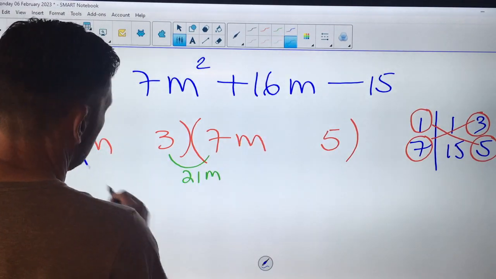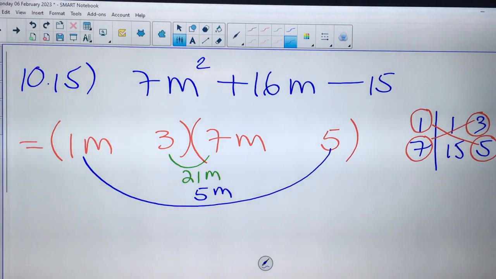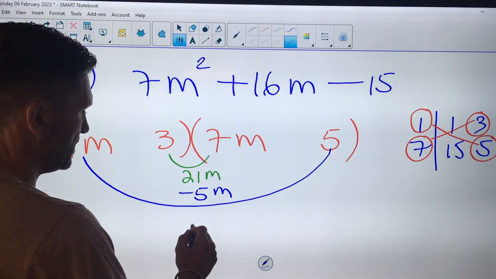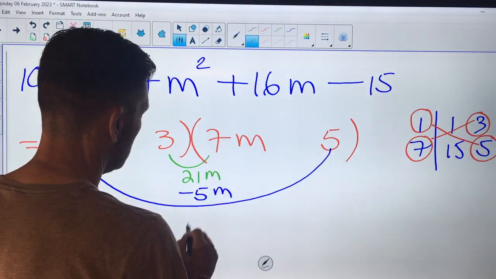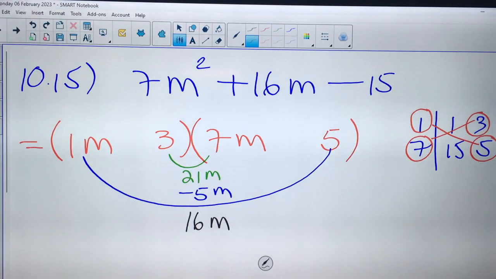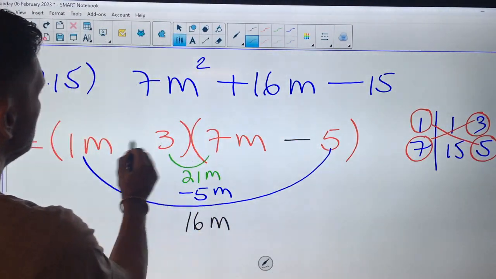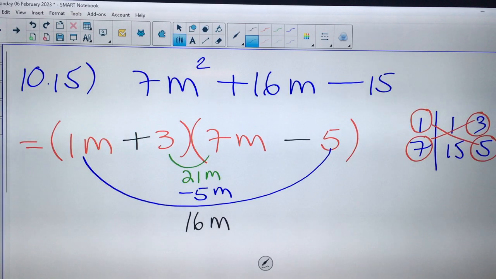And if I multiply these two, I'll get 5m. I need to get to 16. That means the 5m must be negative, and that will give me a sum of 16m. So 21 minus 5 will give me positive 16. That means that the 5 is going to be negative, and the 3 is going to be positive.